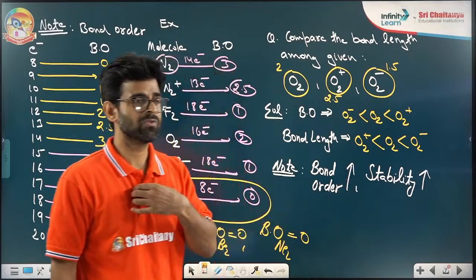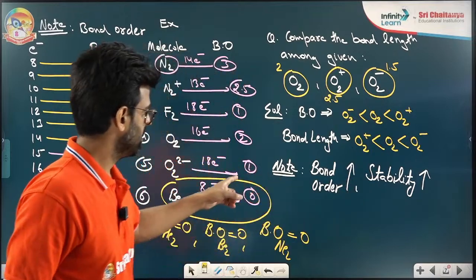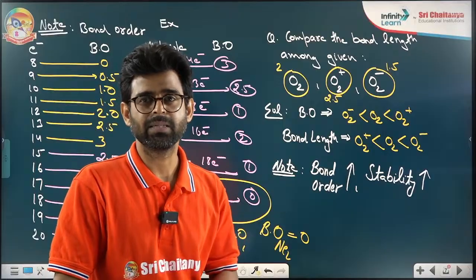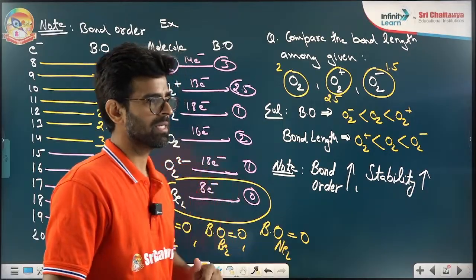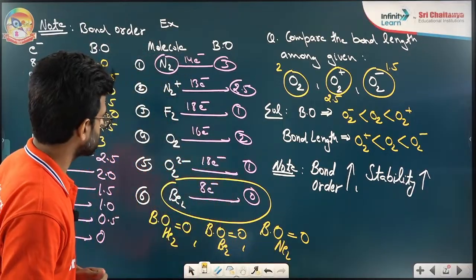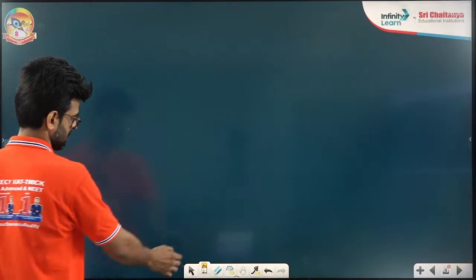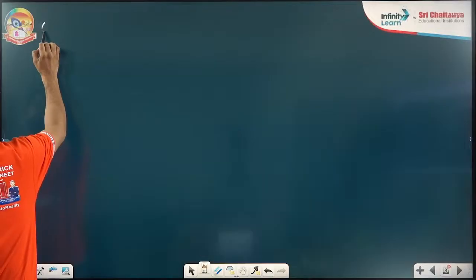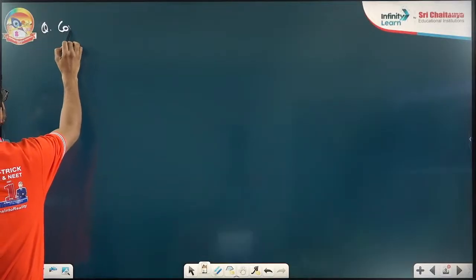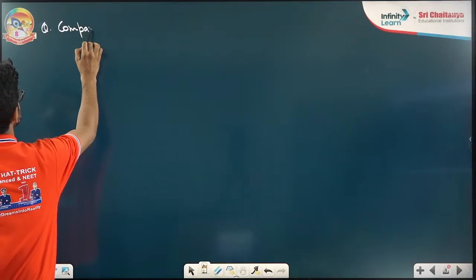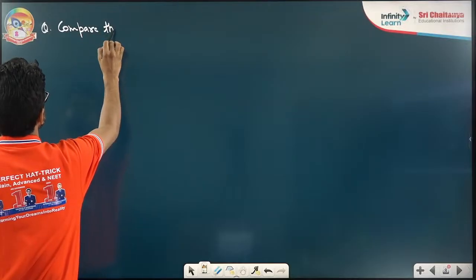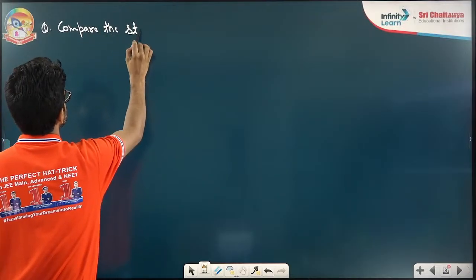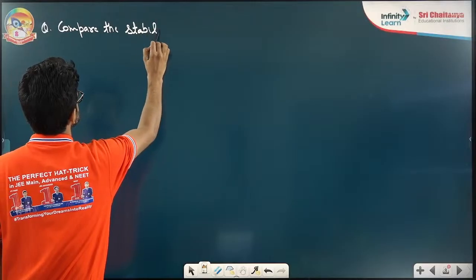So I am asking you one question on this basis of bond order and stability. Try to give the answer. Okay, so what do we have here? Compare the stability.